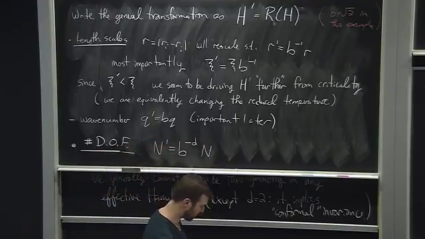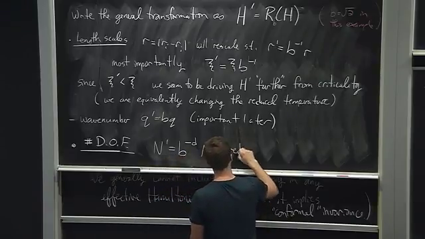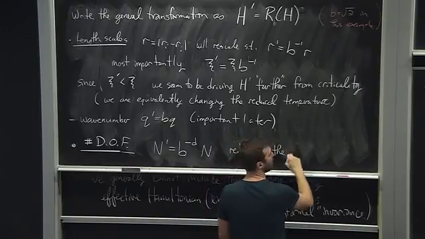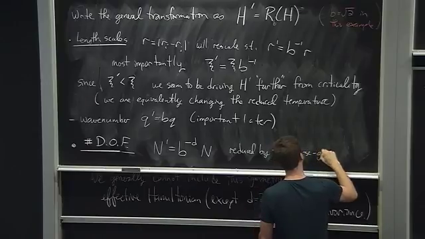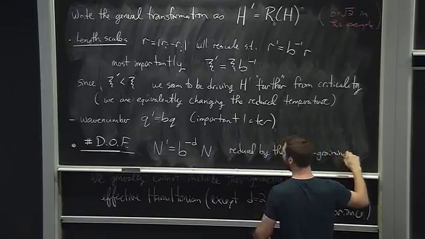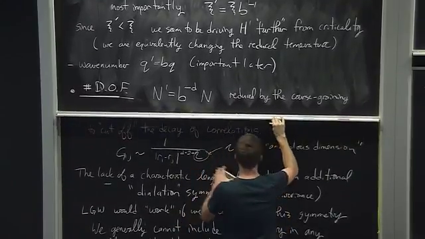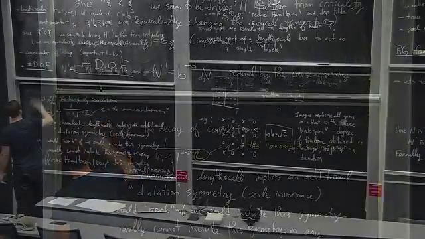Okay, so the total number of degrees of freedom is reduced by the coarse graining. Makes sense?